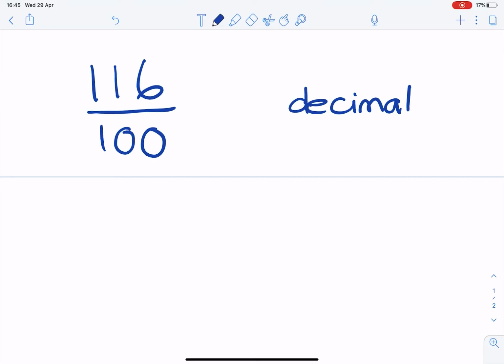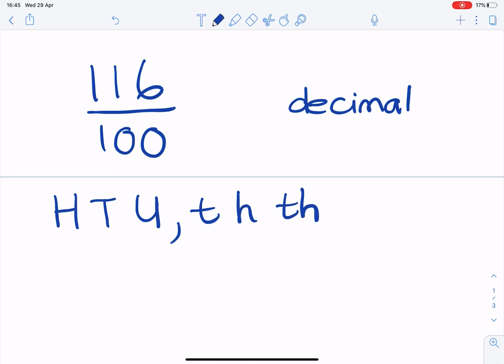We could put it into the columns, or we could break it up. If we put it into the columns, this is our clue. Hundredths. That means that this number cannot go past the hundredths column.